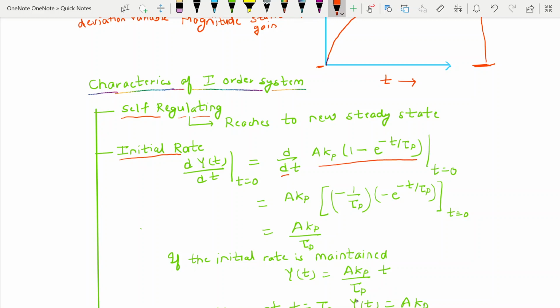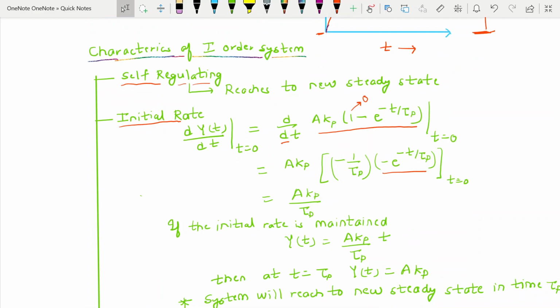Okay, so I am differentiating this equation. So ultimately when we are differentiating, it becomes A Kp. This is a constant term, and differentiation of 1 is 0, and differentiation of e to the power minus t by τp becomes 1 upon τp into minus e to the power minus t by τp.